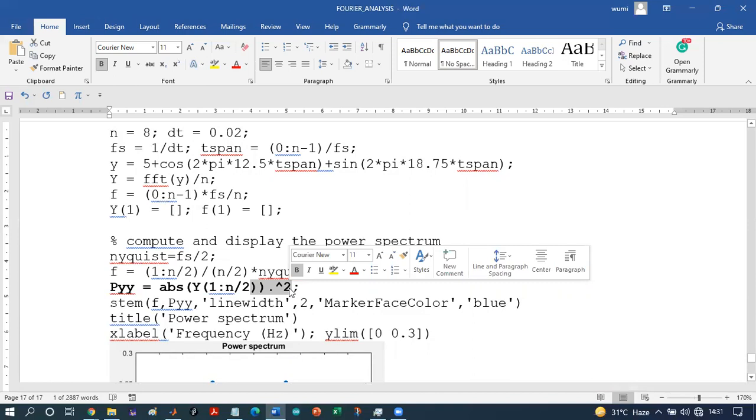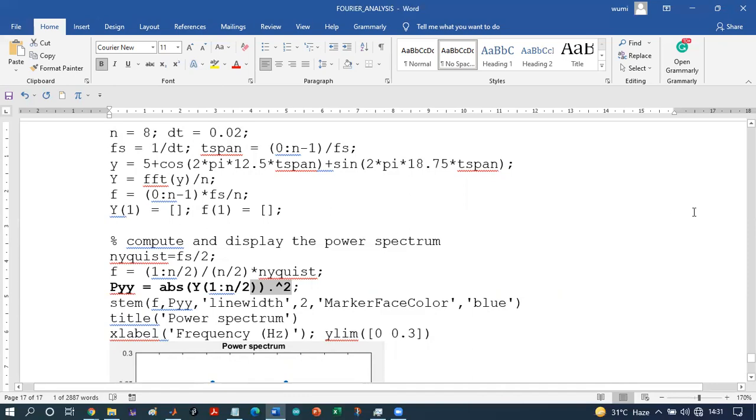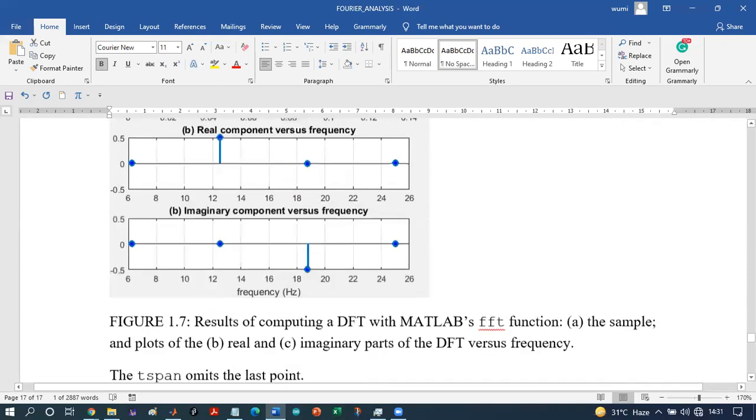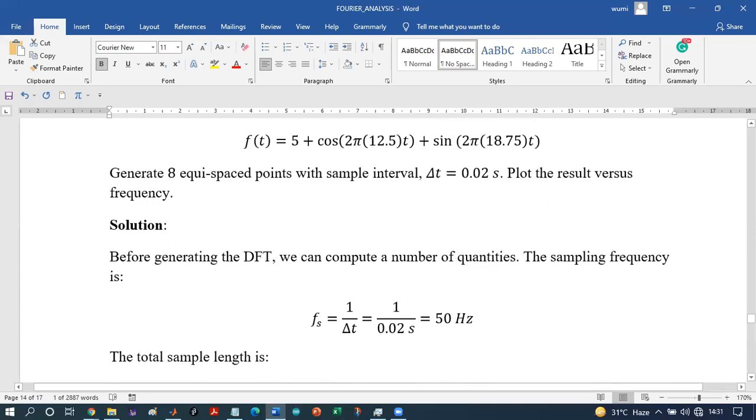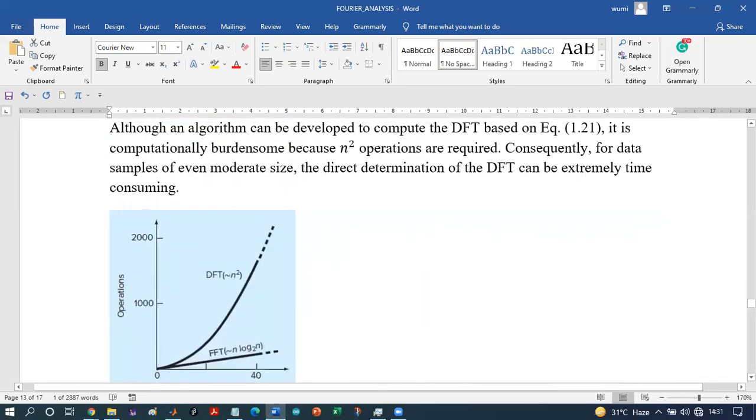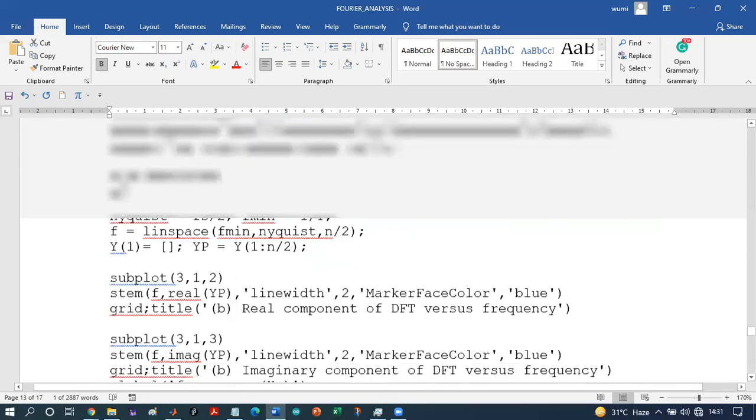Yes, I did it here too in the first code.